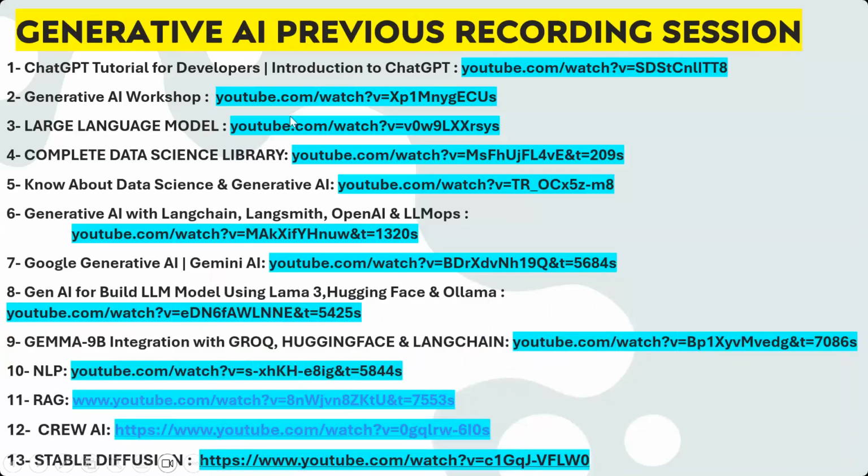Next one. So if anyone wants to know the previous sessions, I already created 13 generative AI topics, 13. Crew AI multi-agents, how to connect with LLM models, with RAG, what is meant by RAG, LLMs, NLP, Gemma 9 billion, and might be 405 billion launched after that. And using Llama 3, Hugging Face, Ollama, you can develop your own model on your CPU using Ollama installations.